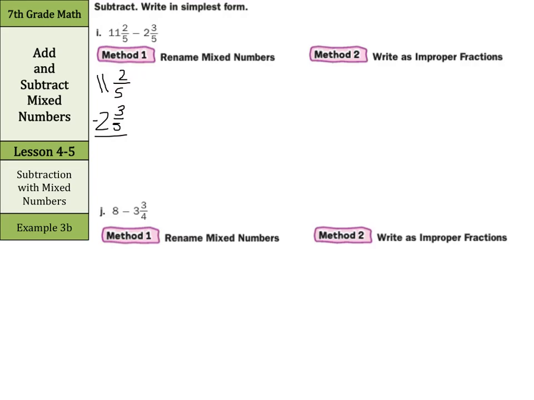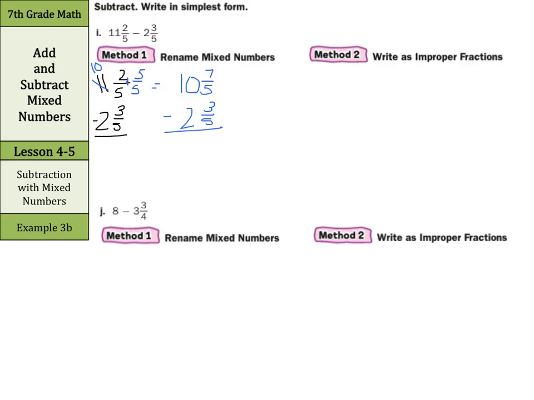As I go to rename, we'll reduce the 11 by 1 to make that a 10. And then we'll just add the 5/5 to this fraction, since again, if I'm borrowing 1, 5/5 is the same thing as 1. So as I rewrite this and rename this, this is 10 7/5 minus 2 3/5.